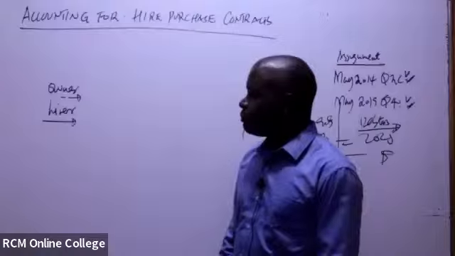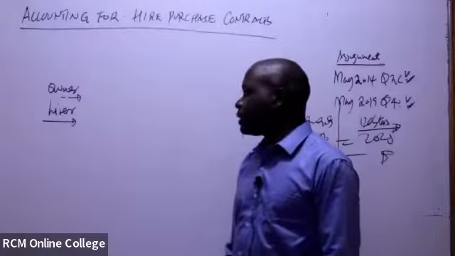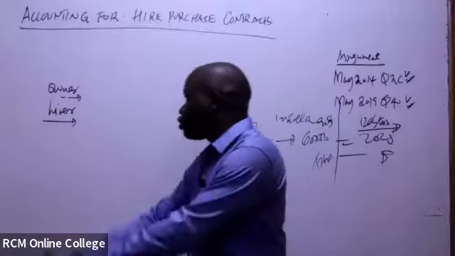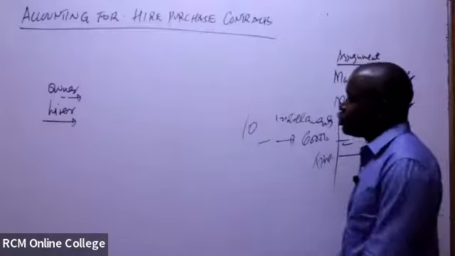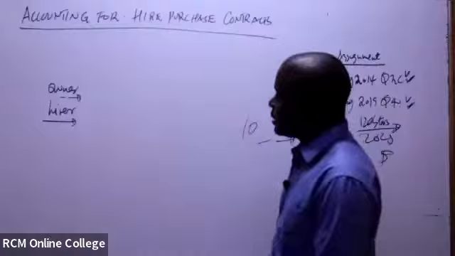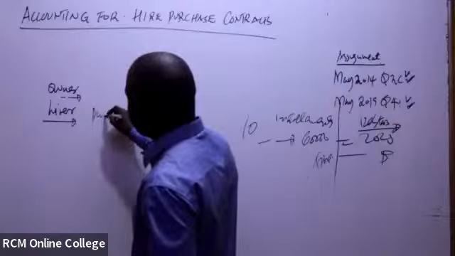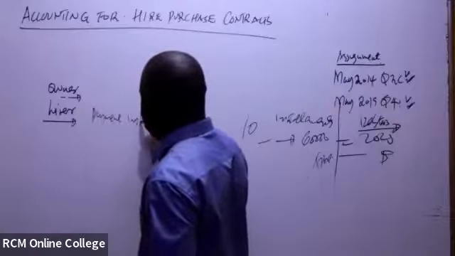He took the goods to him. One day, he wakes up and realizes that this customer is not able to pay for the goods. So there could be that risk that this person might fail to make payment of the installments.